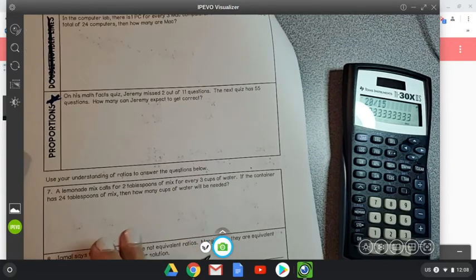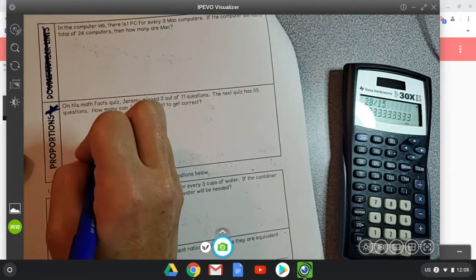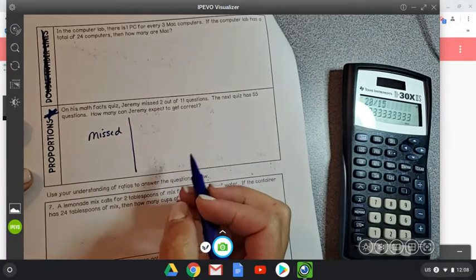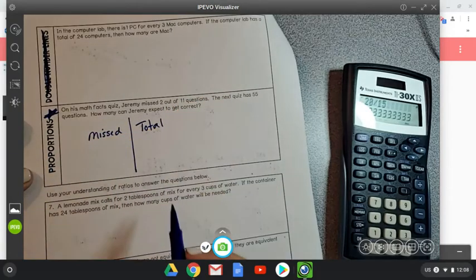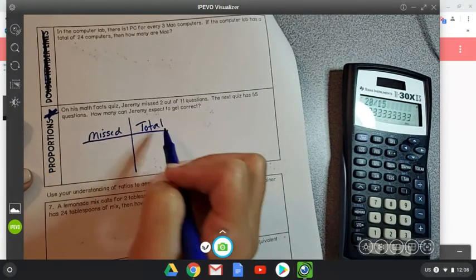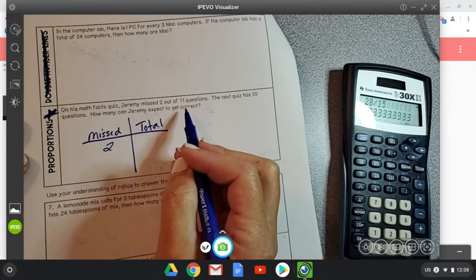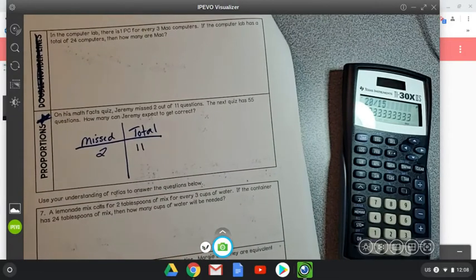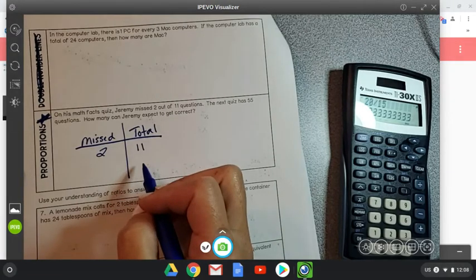We're going to make a table with missed questions and total questions, because that's what we know. We know Jeremy missed 2 and there were 11 total questions. So that's what we need to make our table with, what we know. The next quiz has 55 questions.